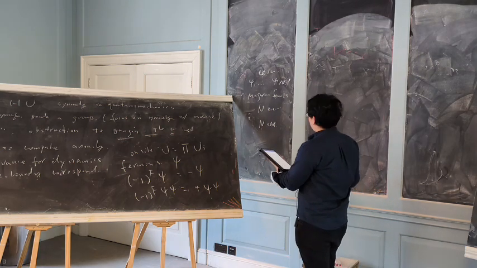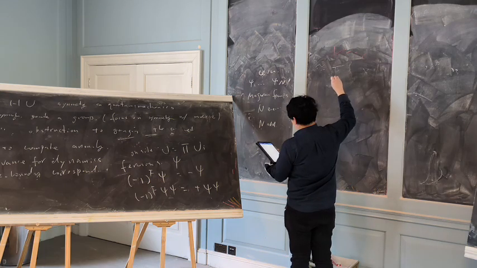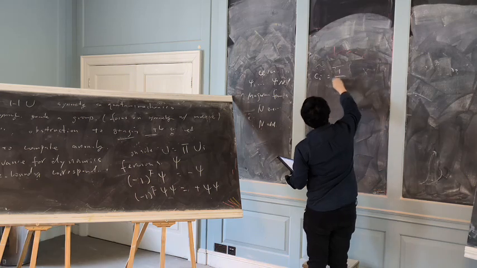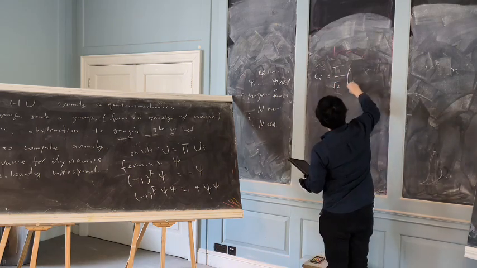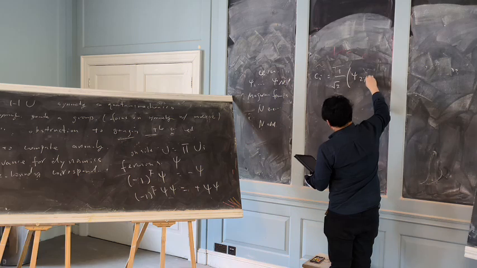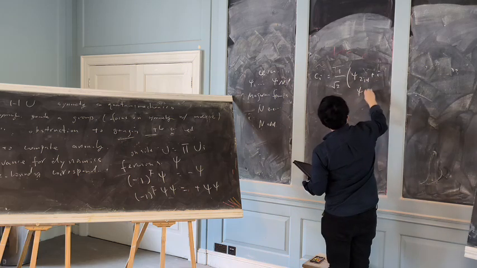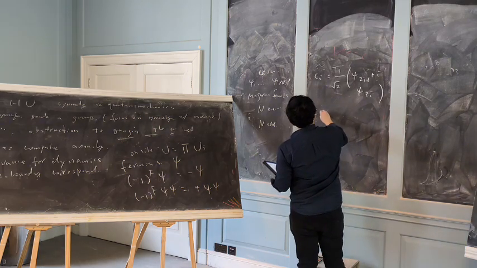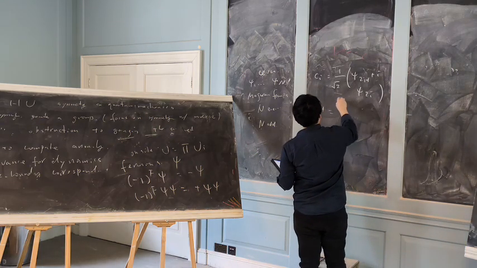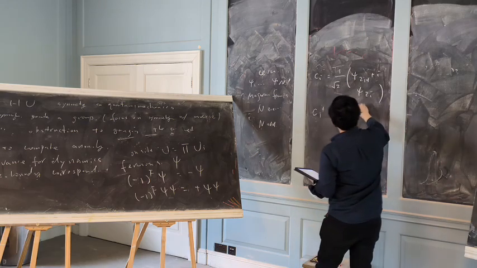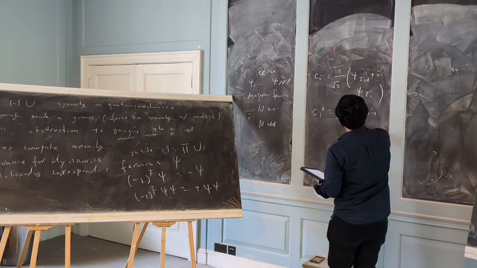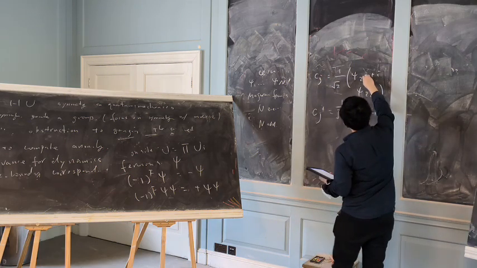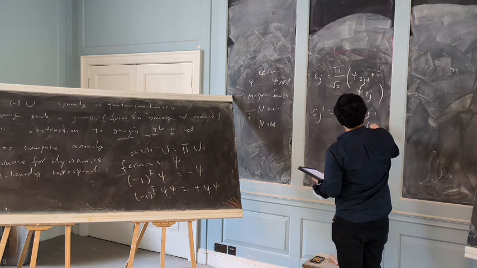From these Majorana fermions, I can define the creation and annihilation operators. I can define c_j, maybe there's a square root of 2 here, as psi_{2j-1} plus i psi_{2j}, and c_j dagger is defined in a similar way with the conjugate, psi_{2j-1} minus i psi_{2j}. Maybe I shouldn't use i here, let's just say this is j.